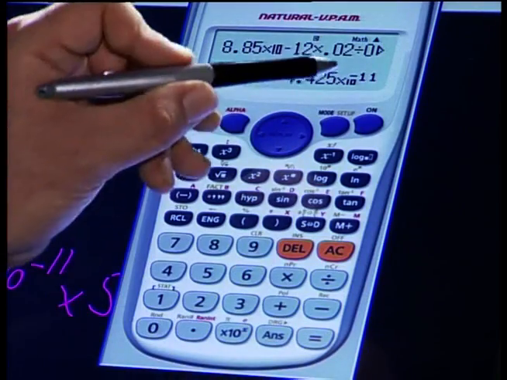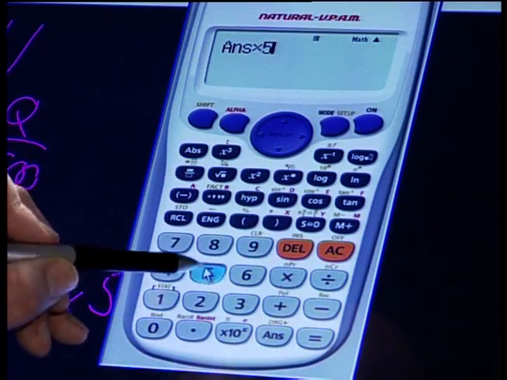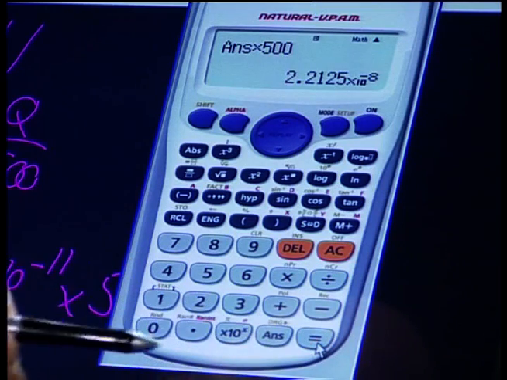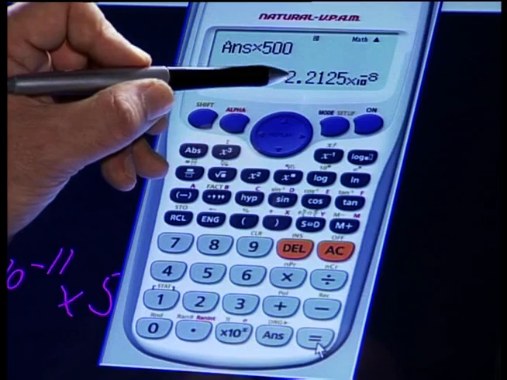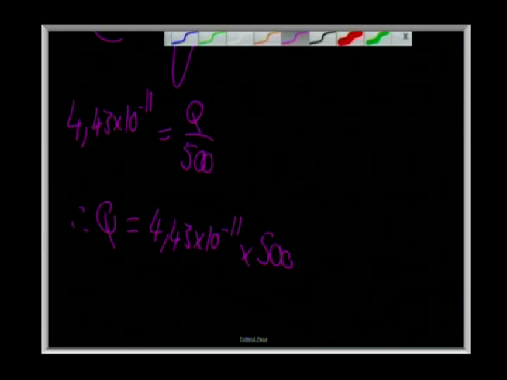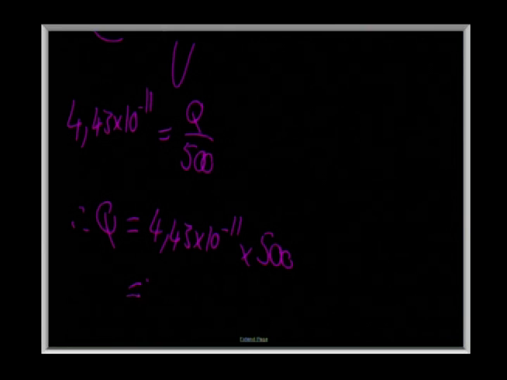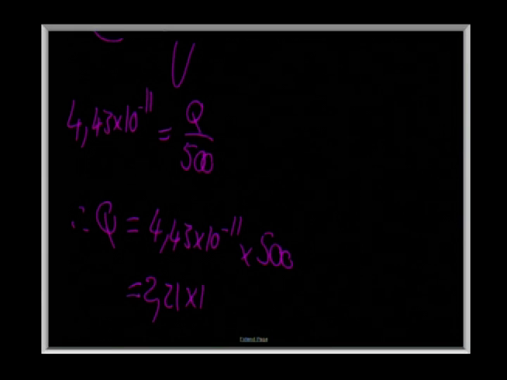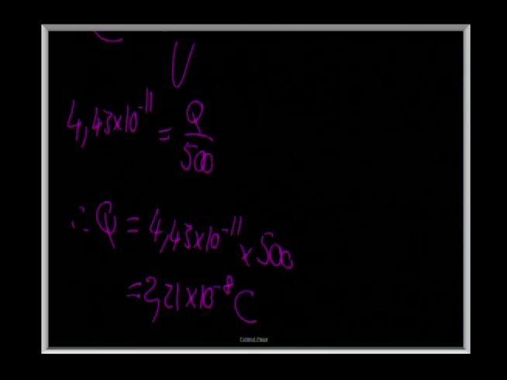So it's that answer times 500. And we get 2,21 times 10 to the minus 8. Let's write that down. 2,21 times 10 to the minus 8 coulombs this time. Okay, make sure your units are correct. Farads for capacitance, coulombs for charge.